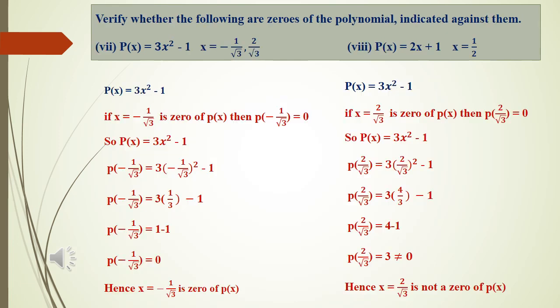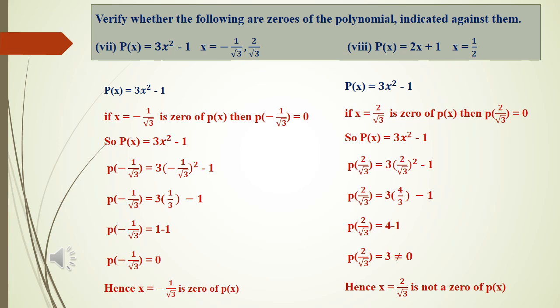Here again we will verify the given polynomials for the given values. P of x is equal to 3x square minus 1 at x is equal to minus 1 upon root 3 and 2 upon root 3. So, p of x is equal to 3x square minus 1.